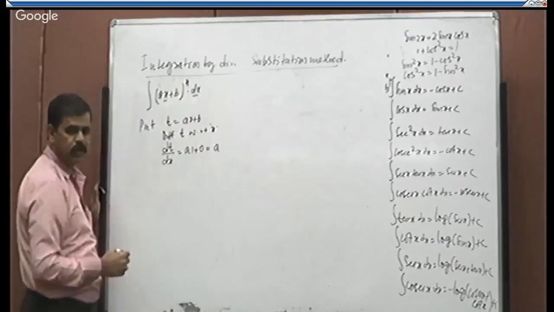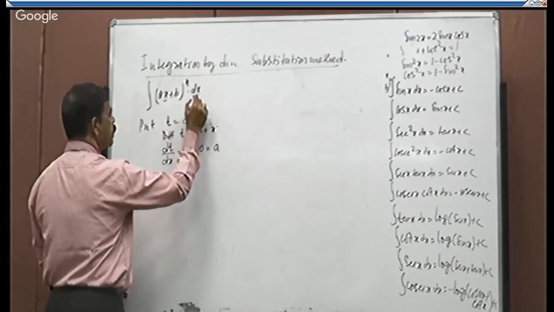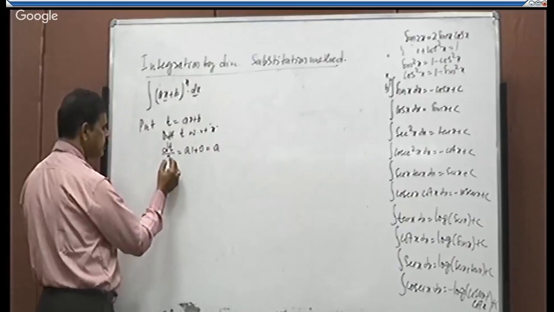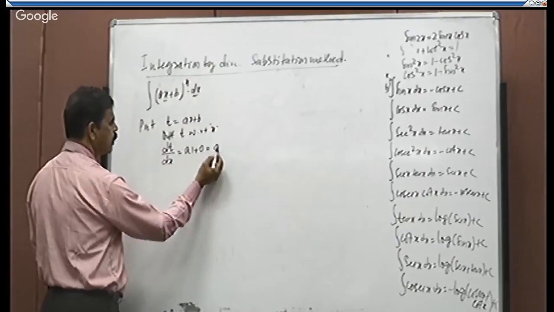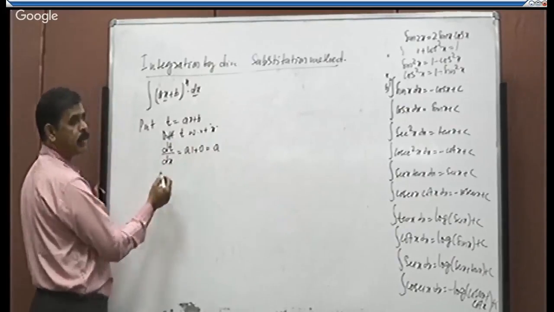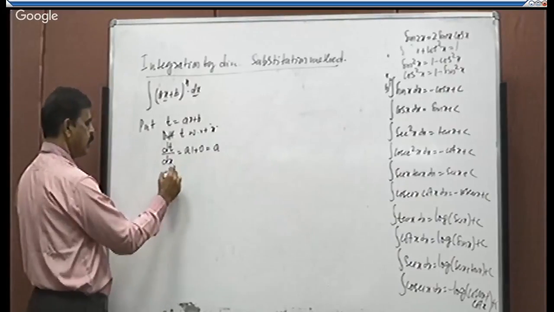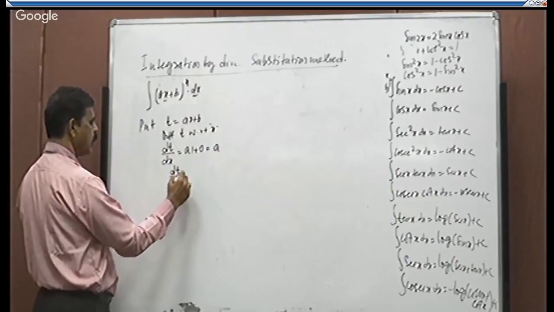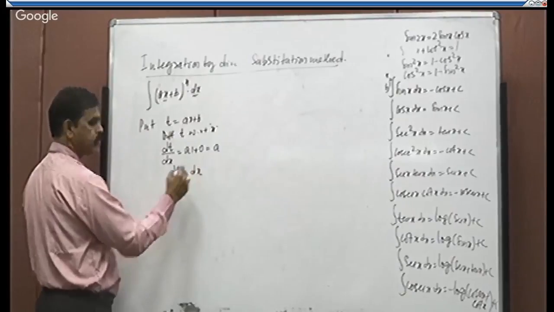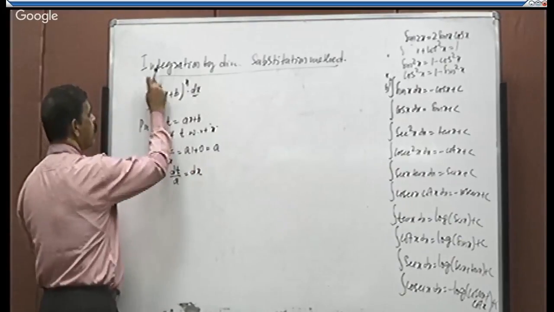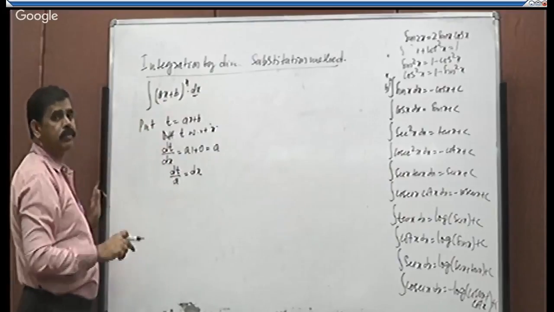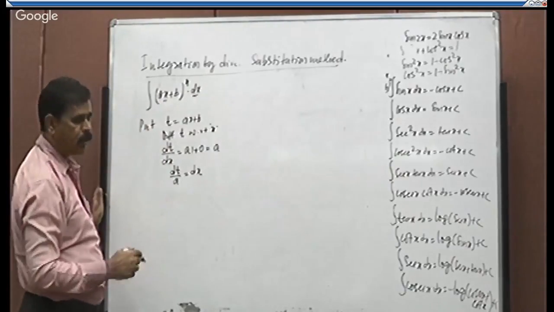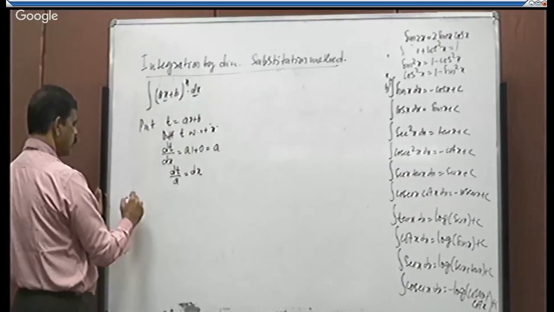So it is a only, right? I need only dx. Therefore, just take dx to this side and a towards the denominator of dt. dt divided by a is equal to dx. Now, the entire integral is replaced in terms of t and dt.